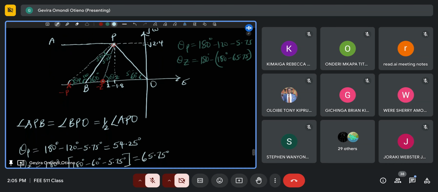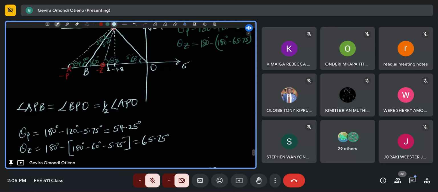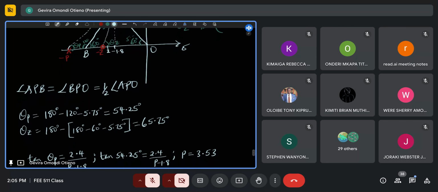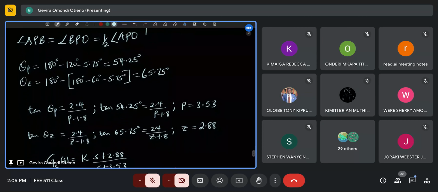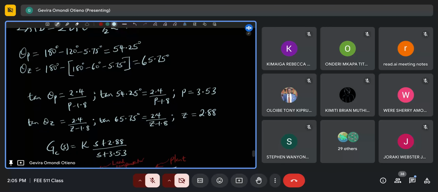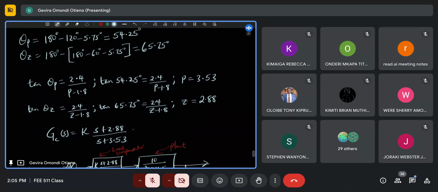Because of the geometric drawings that I did, I carried out my solution or my design and obtained the pole location and the zero location. For me, this is based on my design. That was the compensator that I came up with.